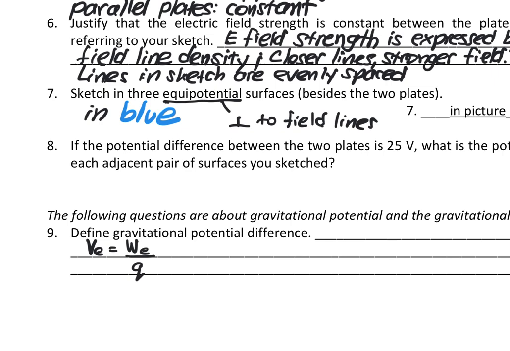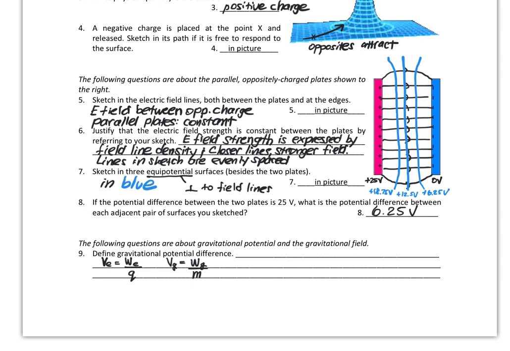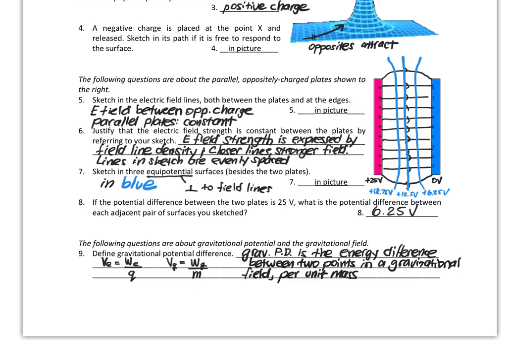So gravitational potential difference, V sub G, is the work done against gravity moving a test mass in a gravitational field. I guess if they're saying define, it's not good enough to write the equation. You should actually describe what the heck you're talking about. So let's do that. The gravitational potential difference is the energy difference between 2 points in a gravitational field per unit mass. That's different than gravitational potential.